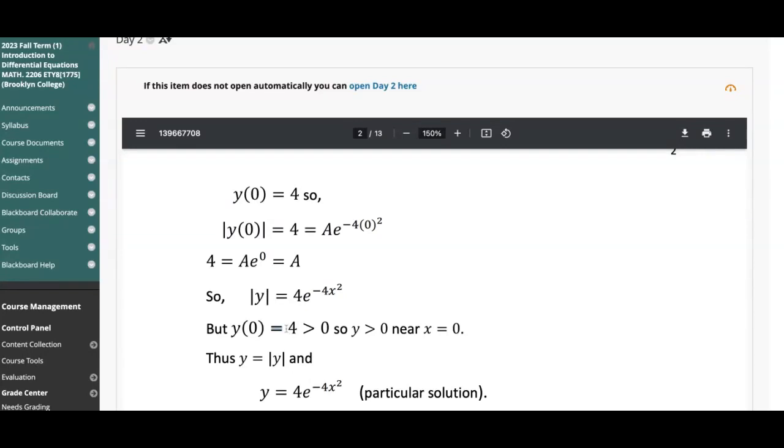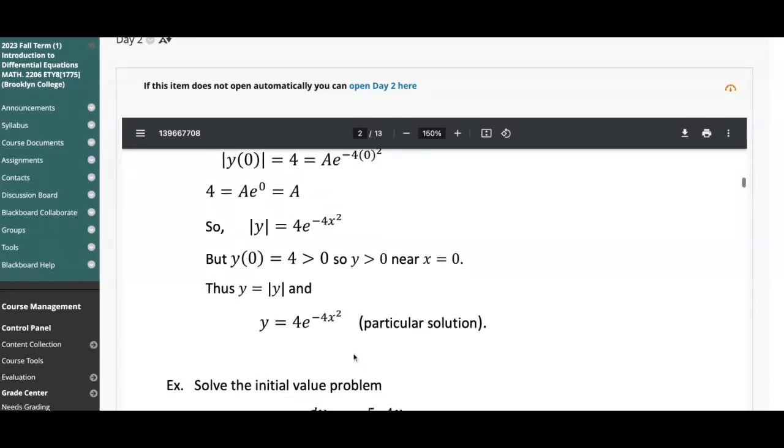Y of 0 is greater than 0, positive, so we don't have to worry about y being negative, because of y of 0. Remember the domain of ln. So we have a particular solution as y equals 4 e to the negative 4x squared.